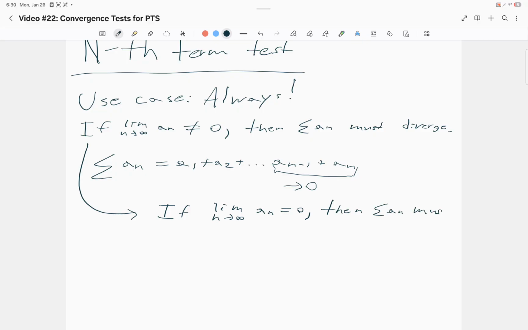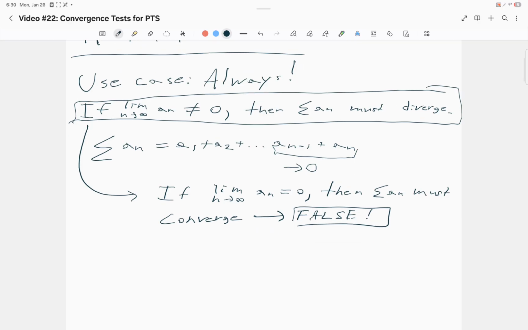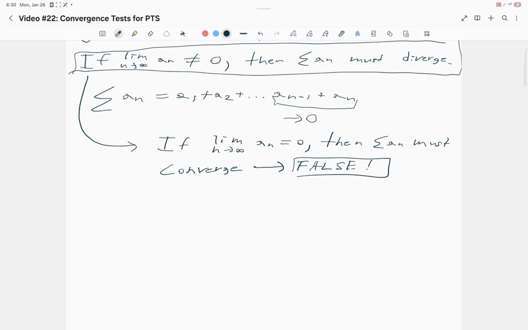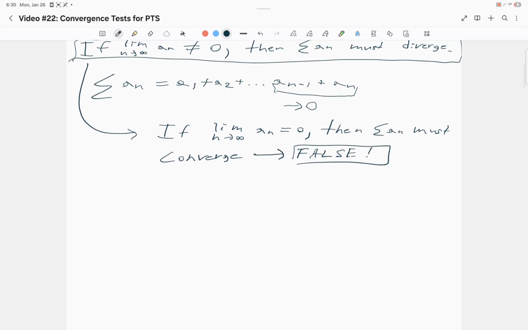That's not right. I'm writing it out, but this is false. This is not a true statement. So we want to be careful. It's not a biconditional. It doesn't go both ways. So just stick with this half of the conditional. The other way doesn't work, and we'll get to examples of that later on.